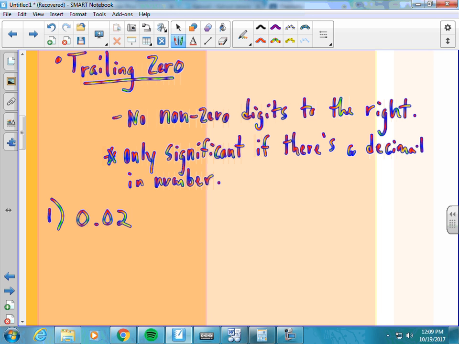Now just looking at this number, the first thing I do is look for any non-zero digits and mark them somehow, like maybe put an arrow up at it. All right, so I know the 2, since it's not a 0, is significant. That's automatic.